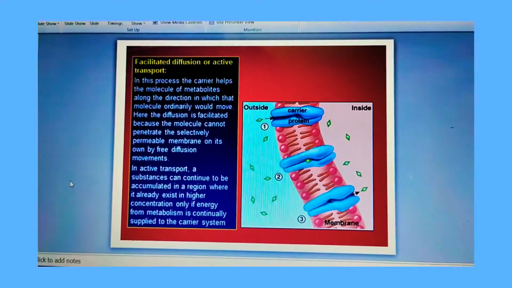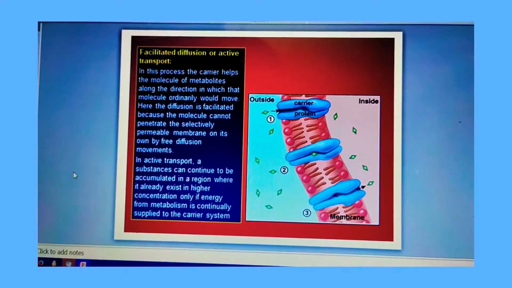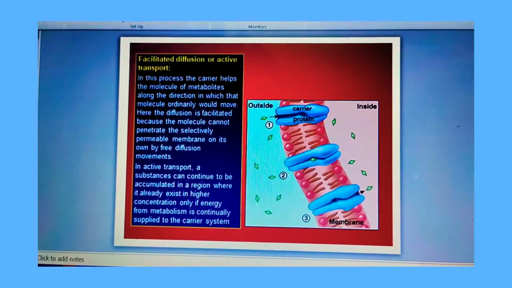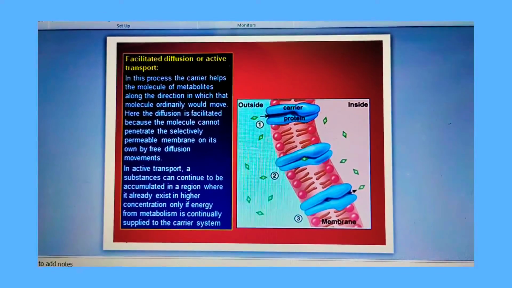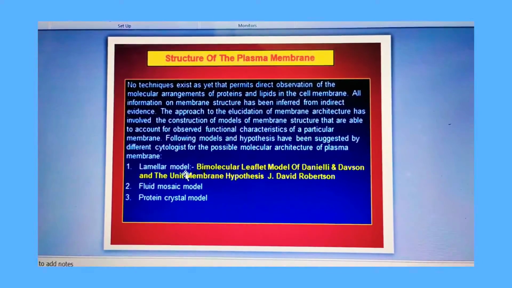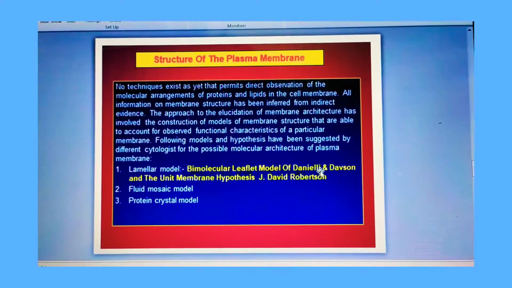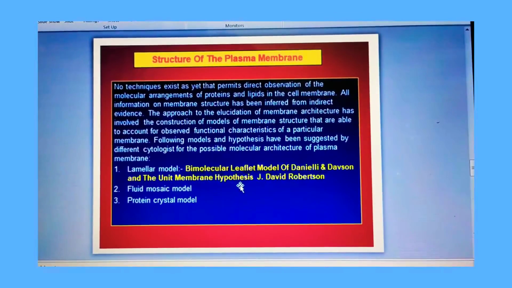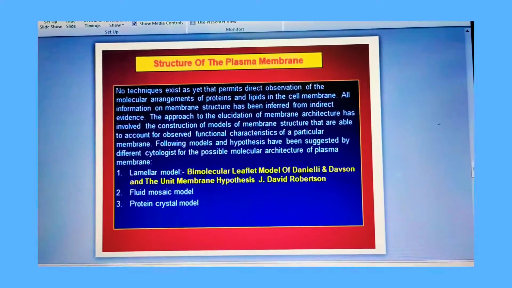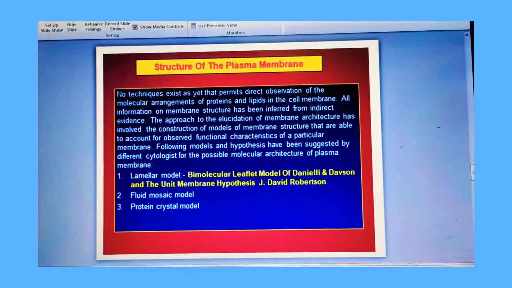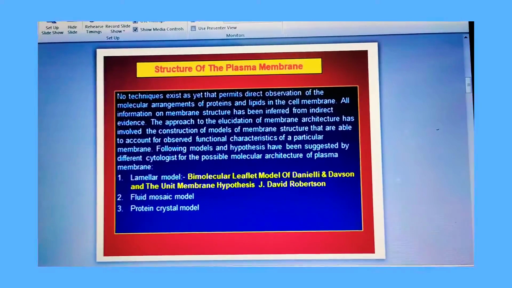So this was the general outline, or modern concept, of the plasma membrane. Now there are different structures of the plasma membrane proposed by different scientists, like the lamellar model, which is the biomolecular leaflet model of Danielli and Davson, and the unit membrane hypothesis of J. David Robertson. And the concept which we are dealing with is the fluid mosaic model.